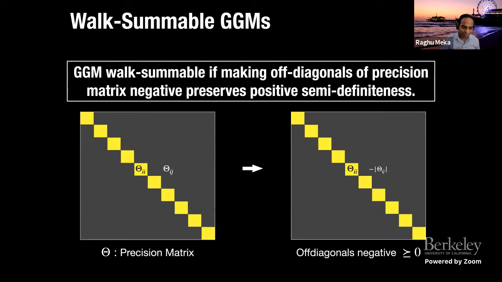Concretely, suppose I have my precision matrix theta. Now I build a new matrix where I make every off-diagonal entry negative. So I replace every theta ij with minus the absolute value of theta ij. If the resulting matrix is still positive semi-definite, then we call the matrix walk-summable.